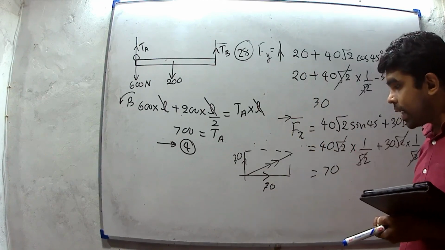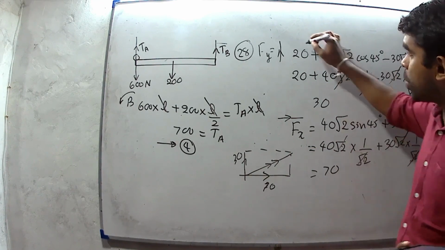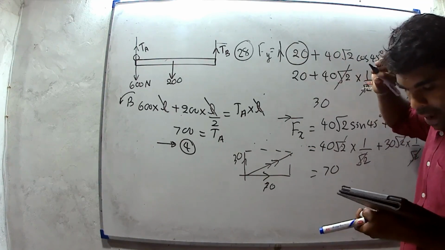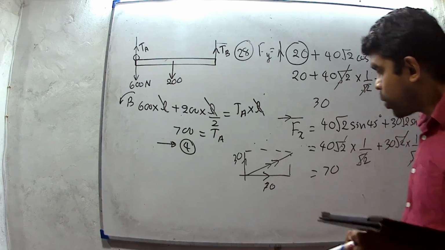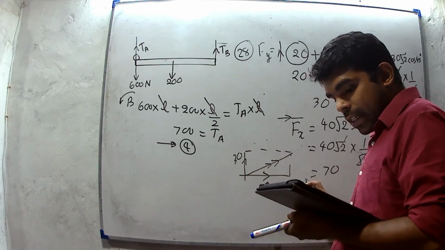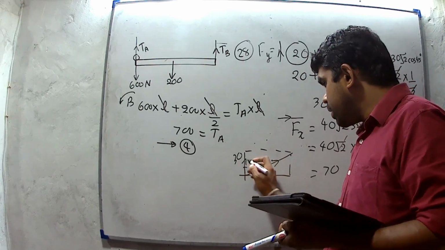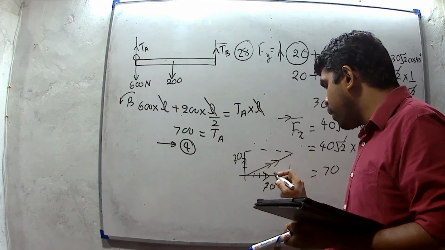We have to draw the diagram. They have given upward 20 Newton force is represented by two small squares in the diagram. Therefore, we have to get 3 squares to represent this force and 7 squares to represent this force.